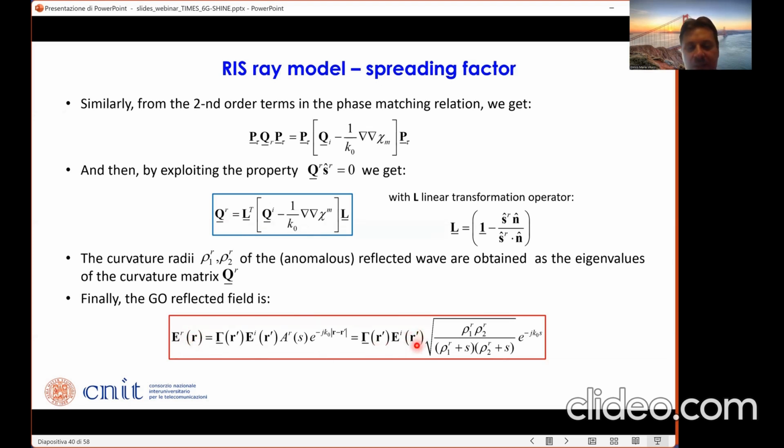I have in practice to take the incident field on the tile, multiply this incident field by the spatial modulation coefficient, and then by the spreading factor at a certain local coordinate S along the ray. And also there is this phase factor along the ray.